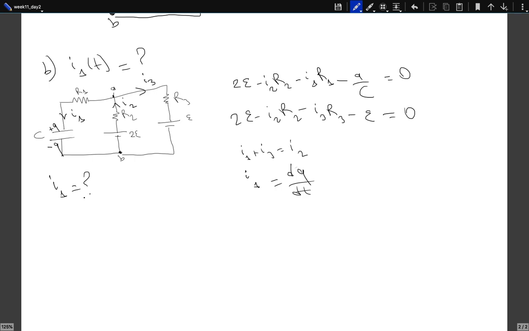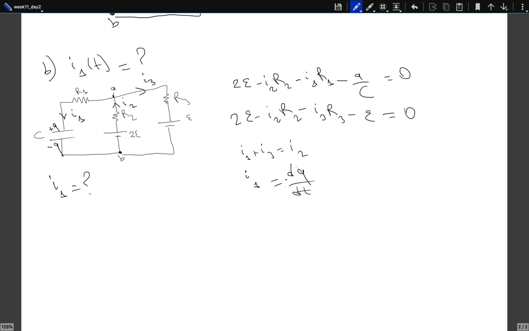Well, I just feel lazy to solve it, to be honest. At the end of the day, the rest is just solving algebraic equations. Then you get a differential equation, though. What I would do is first convert everything in terms of Q, in terms of the charge.